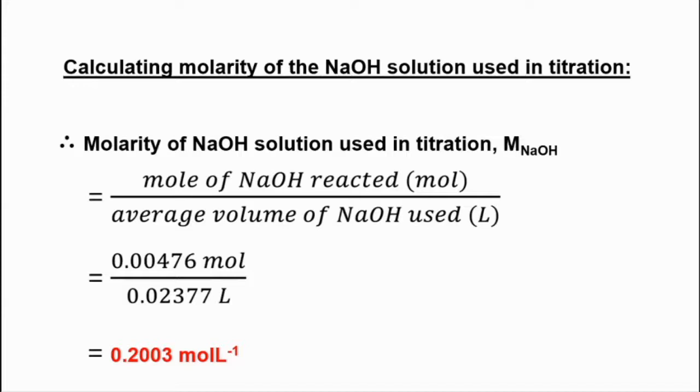But don't worry, since we knew that the sodium hydroxide solution prepared was 0.2 molar, the molarity you get must be close to 0.2 mole per liter. Maybe some of you might get 0.19 or 0.20 something. It's okay, don't worry about that. It means that we have already standardized this sodium hydroxide solution. Good job.